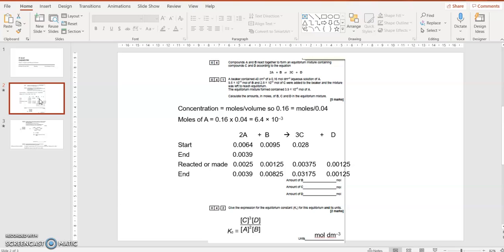And it tells you how much C there is as well, 2.8 times 10 to the minus 2. So it tells you how much there is at the beginning. It doesn't tell you anything about D, so we'll have to assume that there isn't any D.